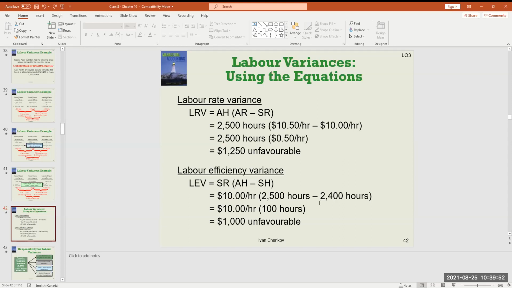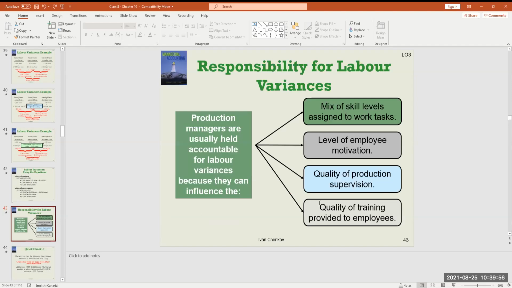Now, the question is, who is responsible? In this case, the responsible person is only the production manager. Why the production manager? Because the production manager, using the mix of skill levels assigned to the work tasks, knows the level of employee motivation and can influence that motivation.